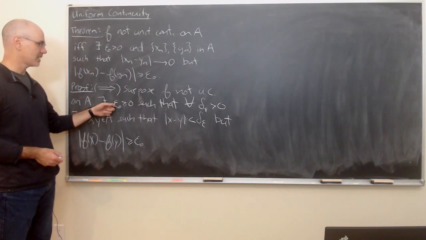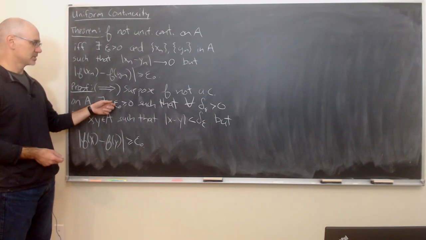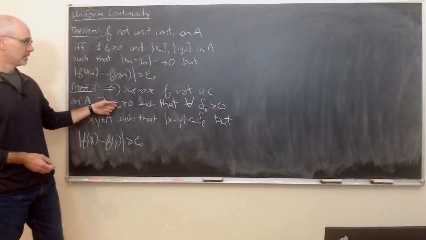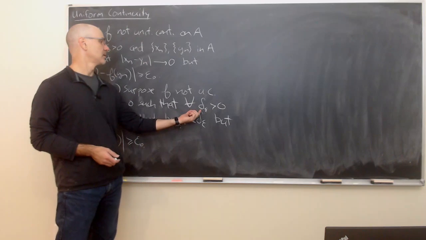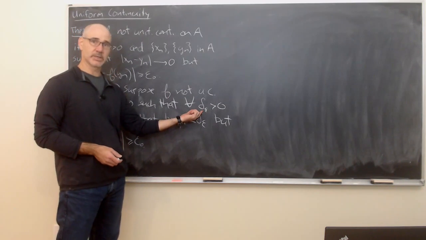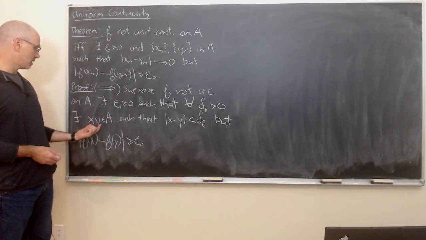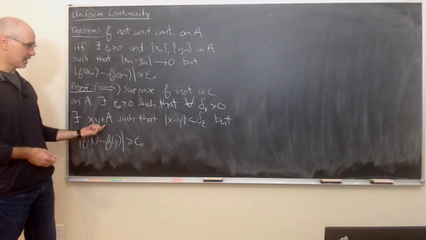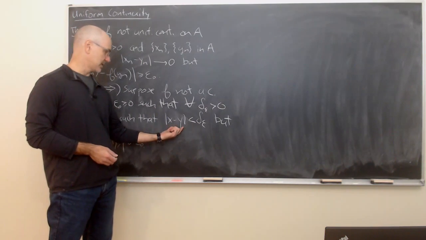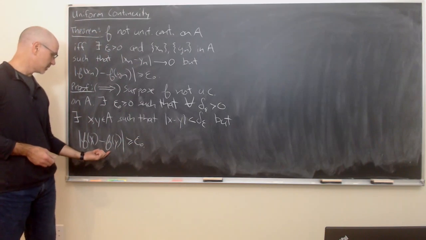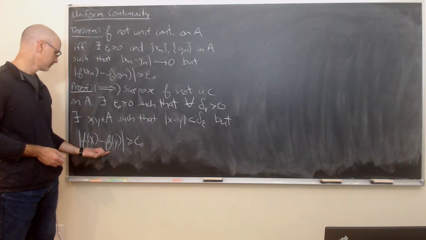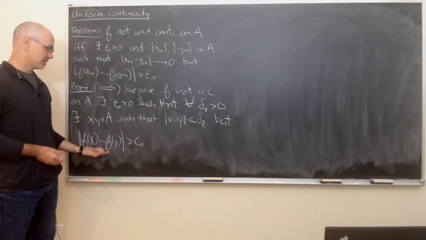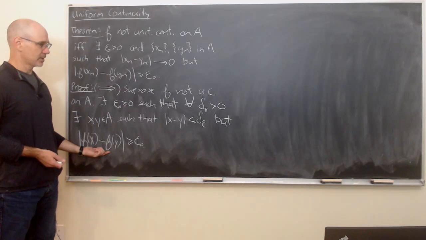So there's some epsilon for which the definition of uniformly continuous fails. What does it mean for an epsilon to fail? That means we can't find a delta that makes the rest of it work. In other words, for every delta, no matter what delta we try, we can always find points in A within delta of each other, but whose function values do not get close enough together. Understanding this definition is most of the work in the proof.